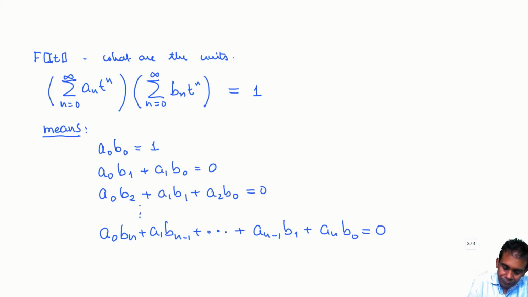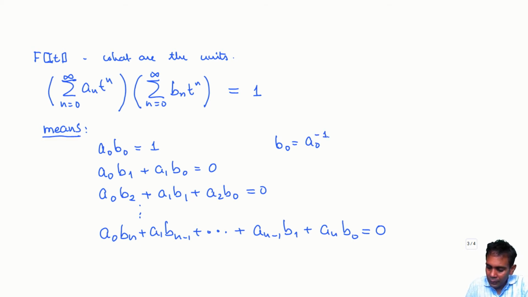So if this element, sum an t to the n, is a unit, then obviously we need that a0 is not equal to 0, and then we can solve for b0. b0 is a0 inverse.